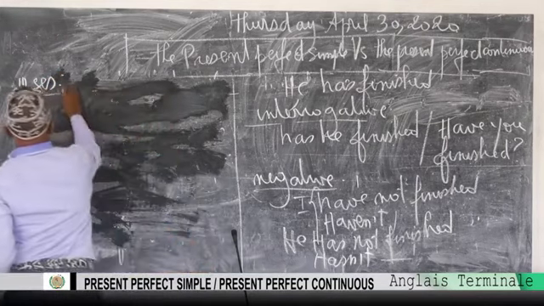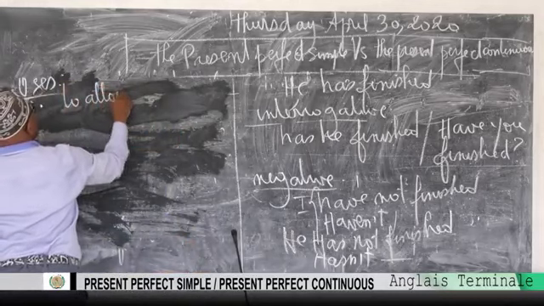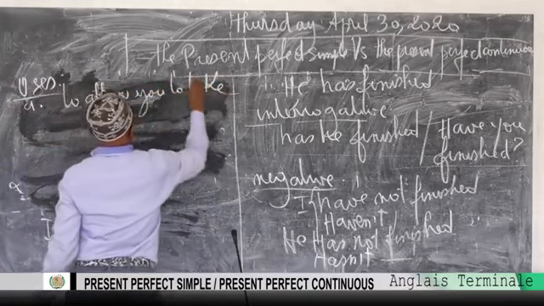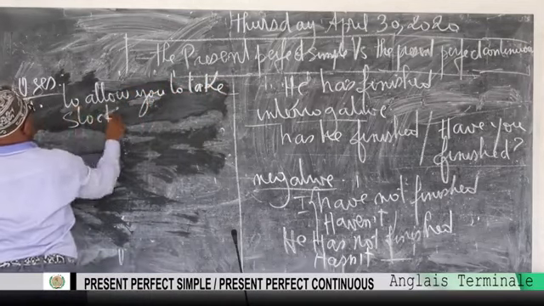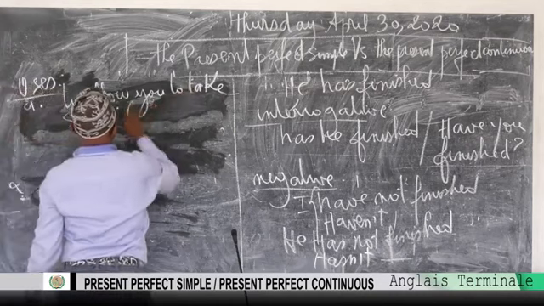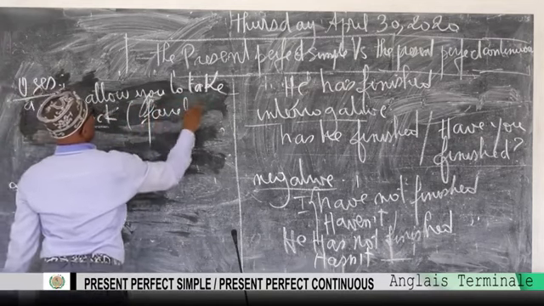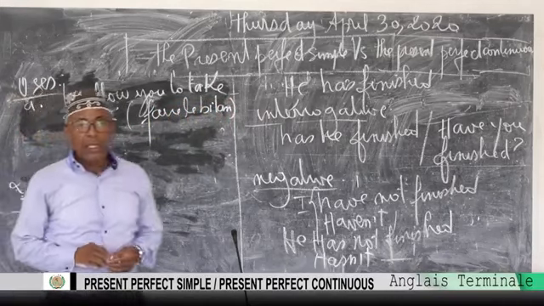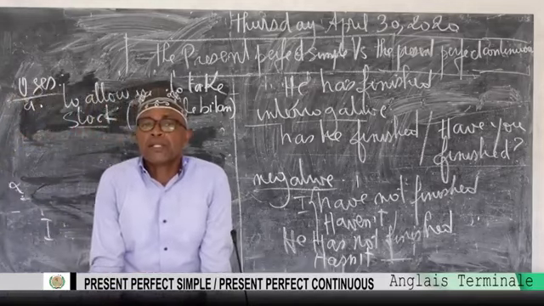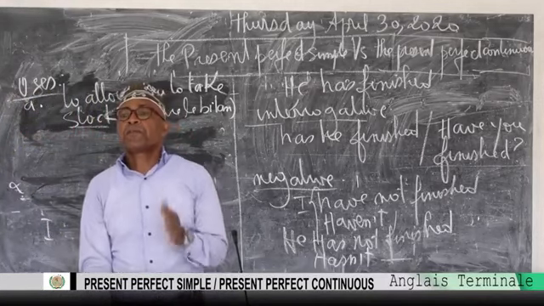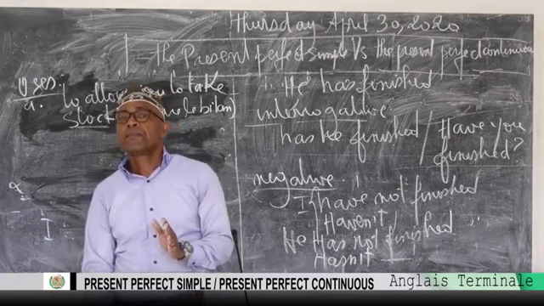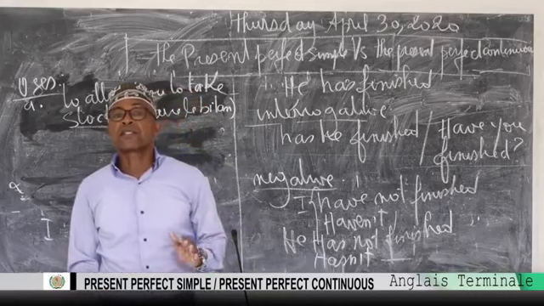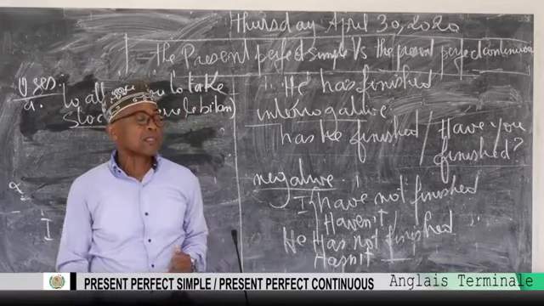First, to allow you to take stock. In other words, faire le bilan. Here the speaker always thinks of past and present. He or she is interested in the present result of a past activity.